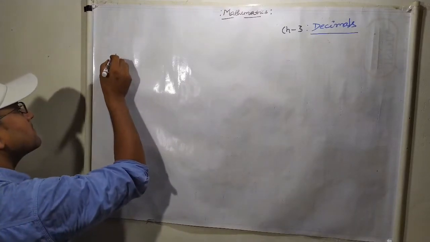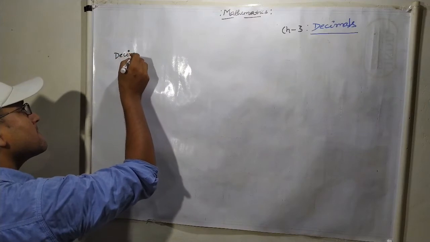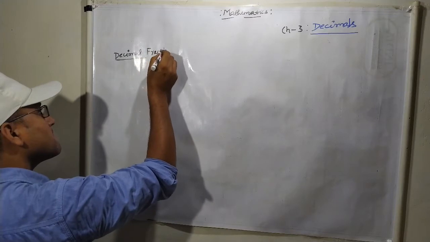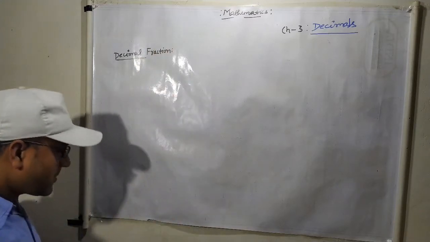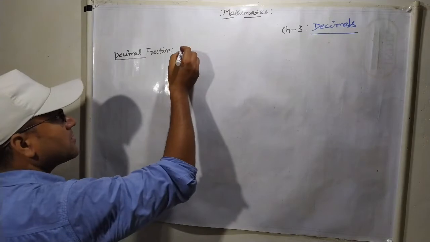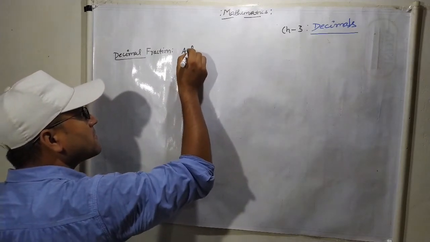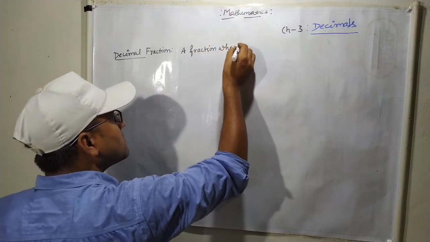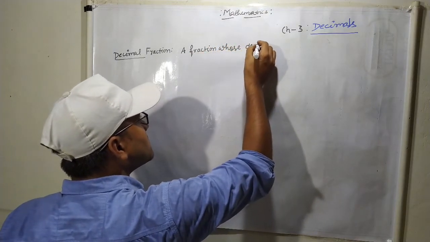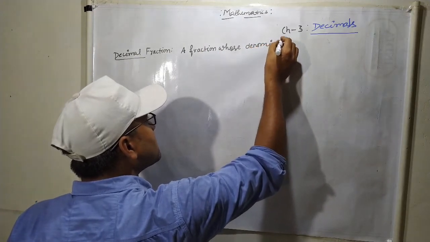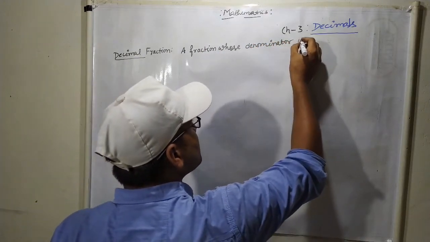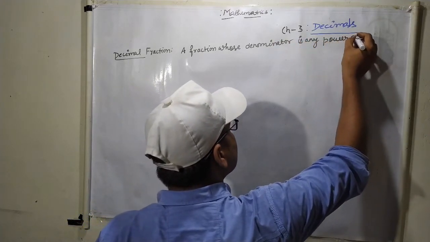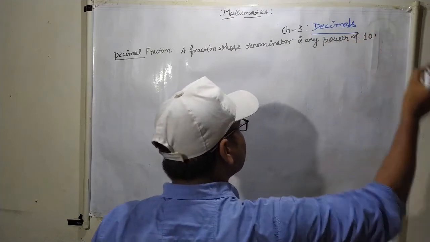Fraction. Decimal fraction. A decimal fraction is a fraction whose denominator is any power of 10.